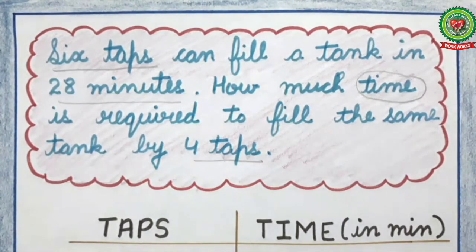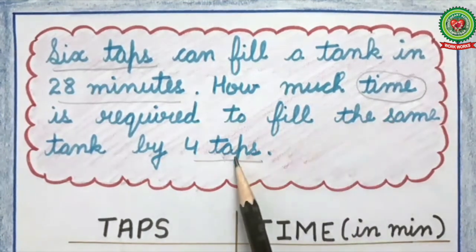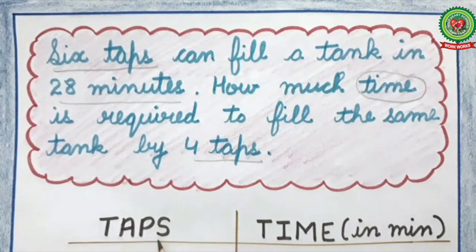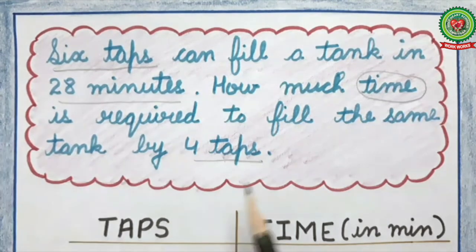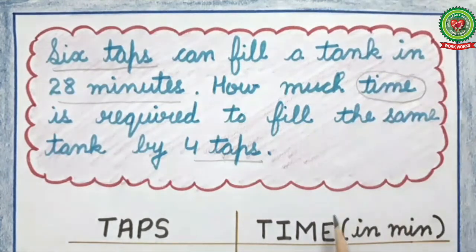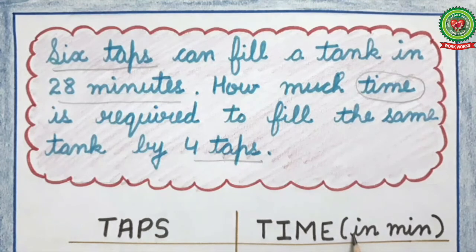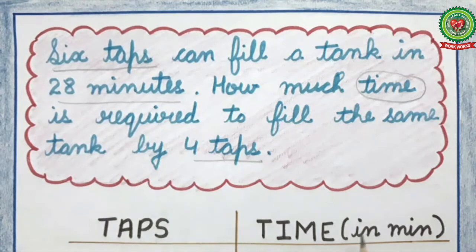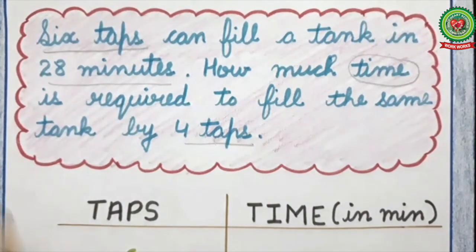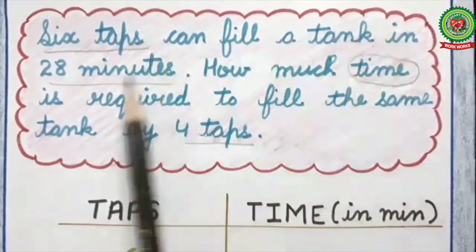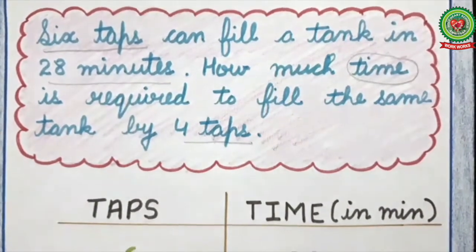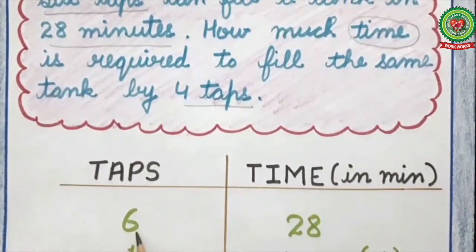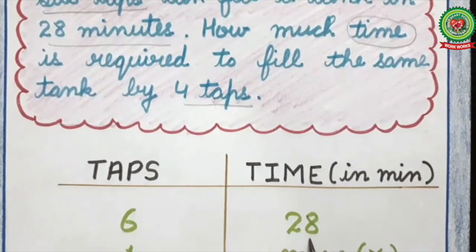Firstly, draw a table. We need to find time for taps. Taps are given, so they go on the left hand side. We need to find time, so write down time on the right hand side. Here the unit of time in the question is minutes, so I have written minutes. Start substituting the values. Here 6 taps can fill a tank in 28 minutes, so under the taps column write down 6, and time 28 minutes.